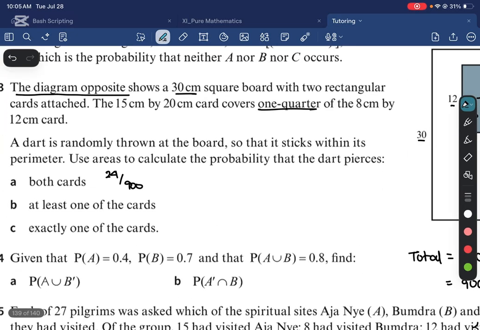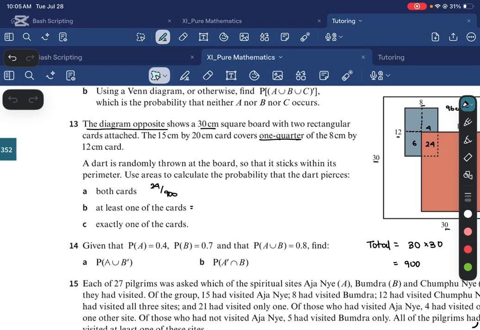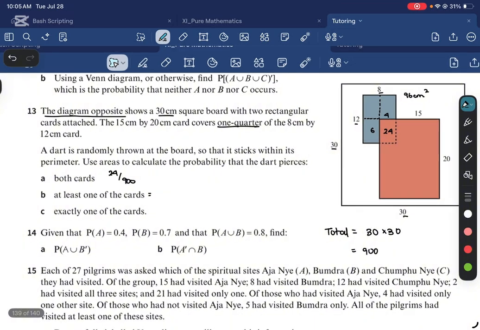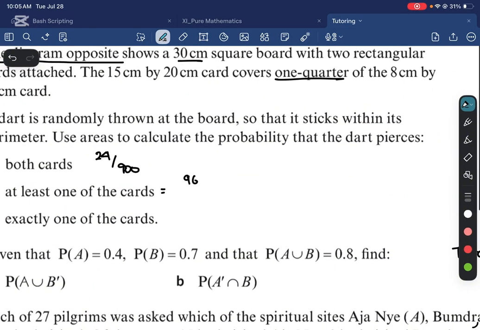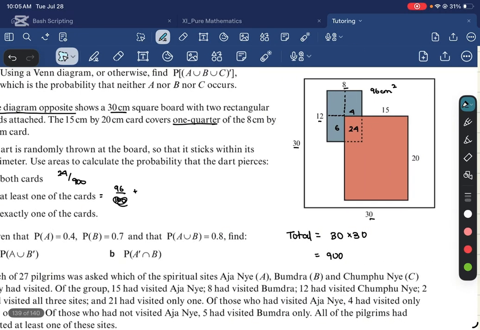So the probability that it pierces at least one of the cards. One way to do it is to use inclusion-exclusion, right? So you can do the area of the blue card is 96 over 900, right? That is how much the blue card occupies. The red card occupies 15 by 20, right?